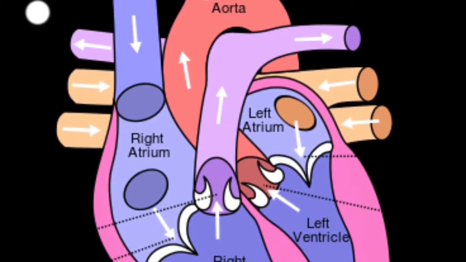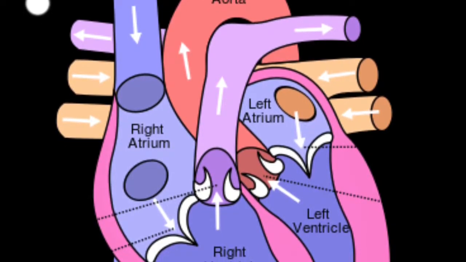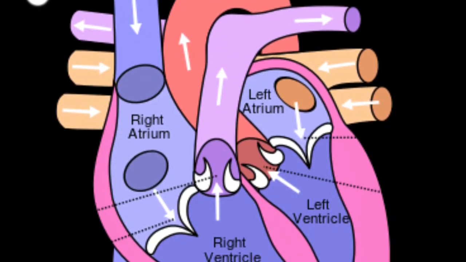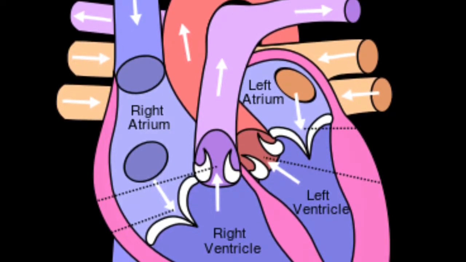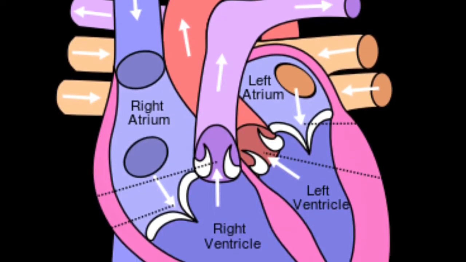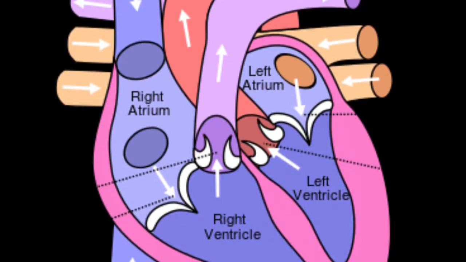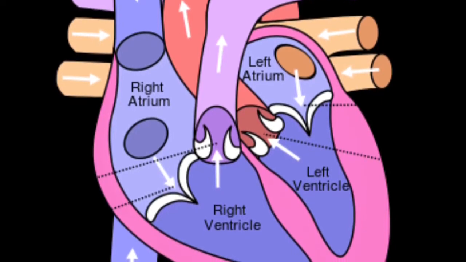From there, it is pushed to the lungs, which then makes it oxygenated. After that, it goes to the pulmonary veins and the left atrium. After the left atrium, it goes through the bicuspid valve, then to the left ventricle and onto the aortic semilunar valve. Then onto the aorta, which goes into the arteries, capillaries, veins, and then the process repeats.